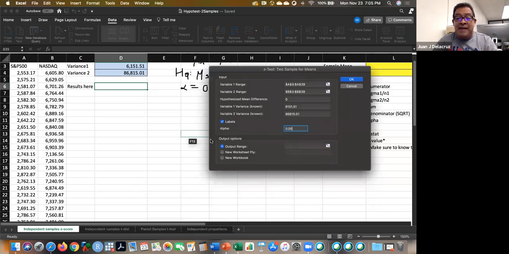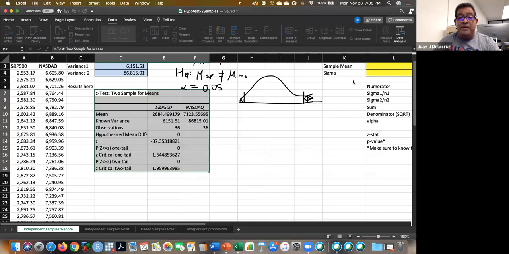The output is gonna tell me whether it's a 1-tailed or 2-tailed test, so I don't have to ask for anything here. For the output range, I'm gonna ask Excel to put my values here, right? So this is D7, and I'm gonna say okay.